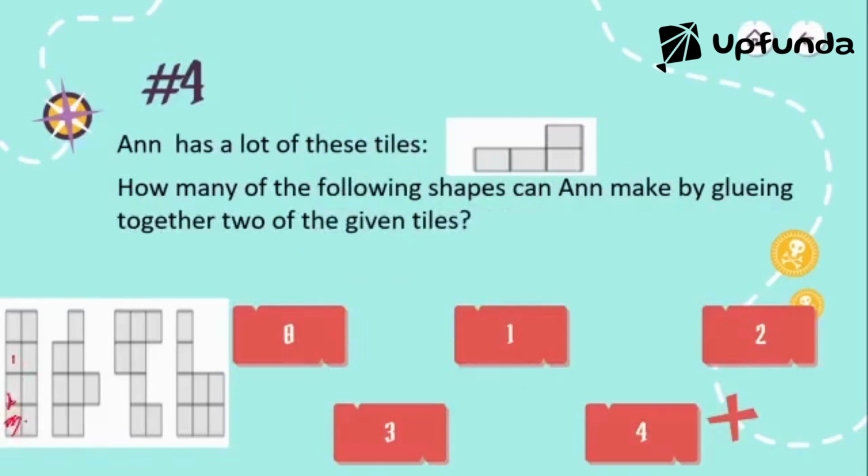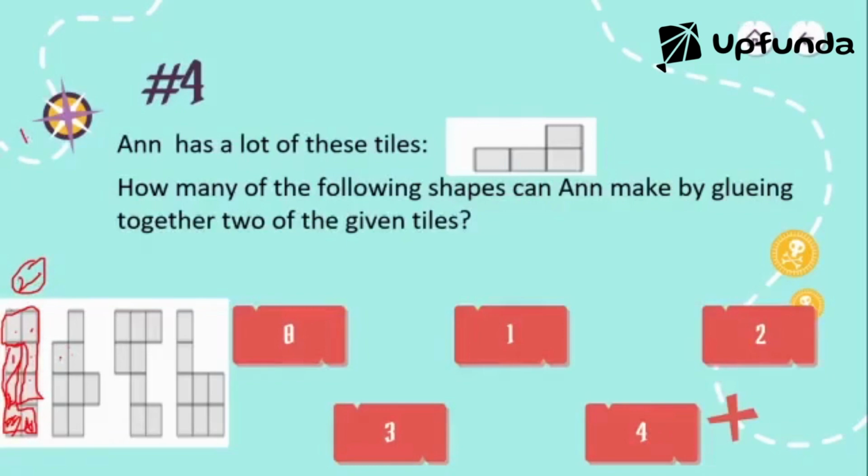Here you have a small L shaped square, and another one is also added up. You can see it. 1, 2, 3 and 4. So there are two tiles combined in this diagram, so they can form this image. So we have one image that we can form.